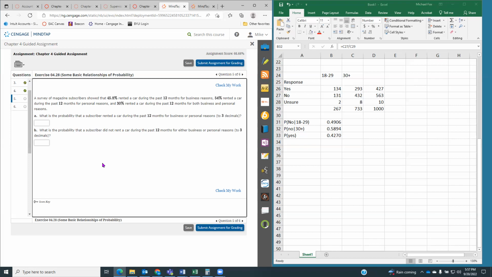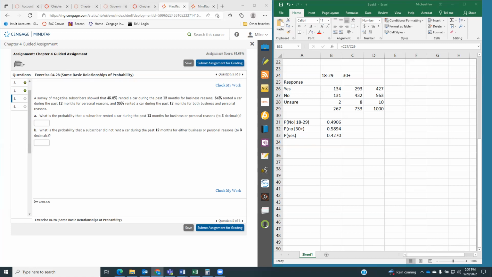If we were to draw a Venn diagram, we would have overlapping circles, right? With 45.8% in one circle, and 54% in the other circle, and where they overlapped, it was 30%. So I'm actually going to show you a little picture from the book to give you an idea of what I'm talking about.